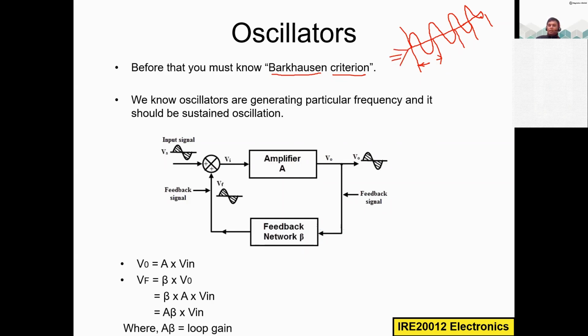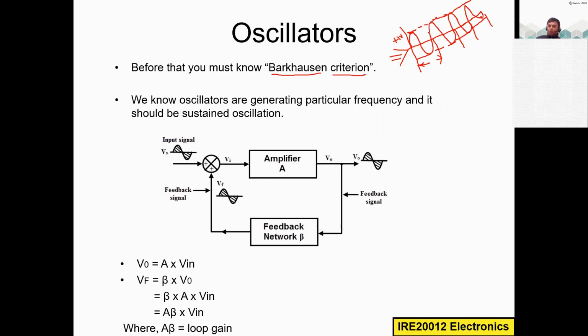This frequency signal should be sustained. The amplitude, for example, if I target plus 1 volt, I get plus 1 volt all the way. Your oscillator should generate stable frequencies, so this plus 1 volt should be repeated in all the cycles.